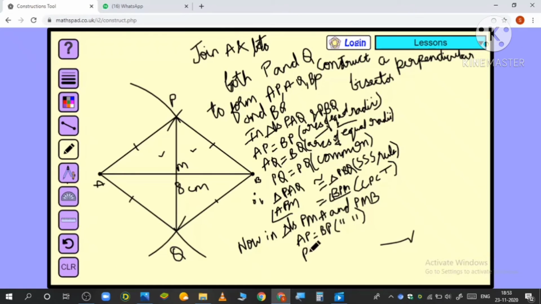Common side, PM is a common side for both the triangles. Reason here is it is common.